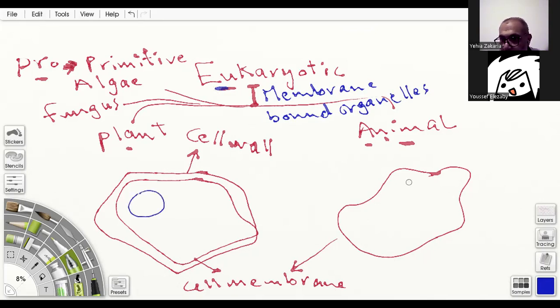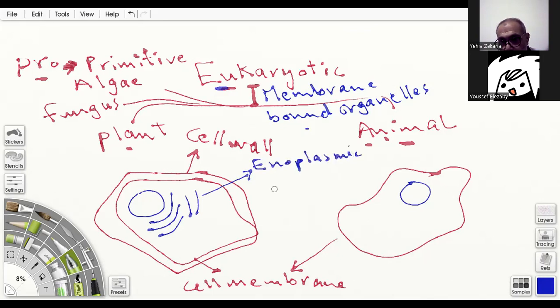What are the membrane-bound organelles? Like the endoplasmic reticulum. This is a transport system inside the cell.